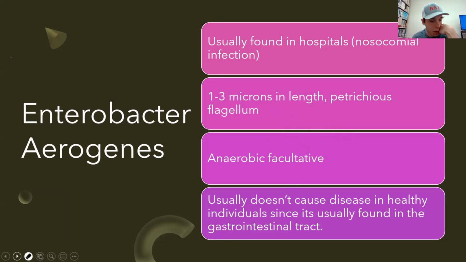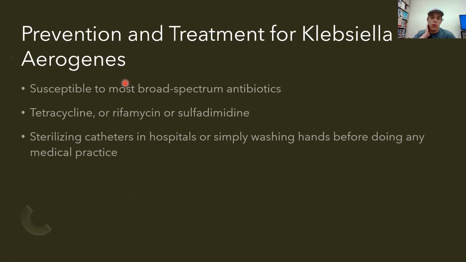For prevention and treatment, Klebsiella aerogenes is most susceptible to broad spectrum antibiotics, and if it is a bad infection, they usually use tetracycline or rifamycin or sulfadimidine.